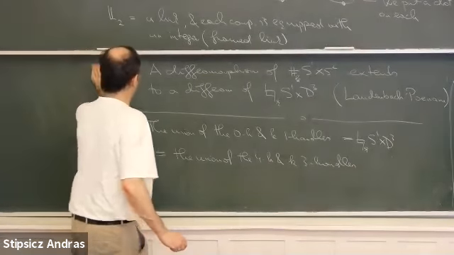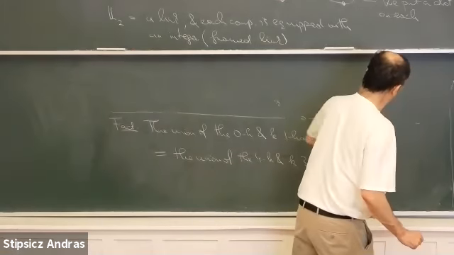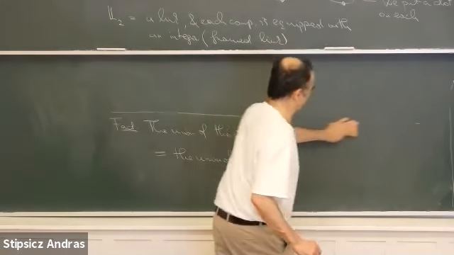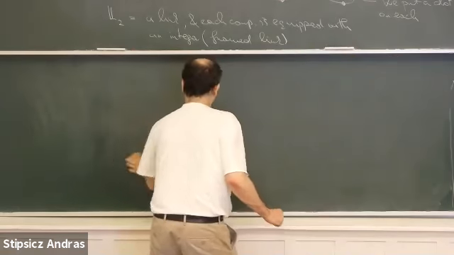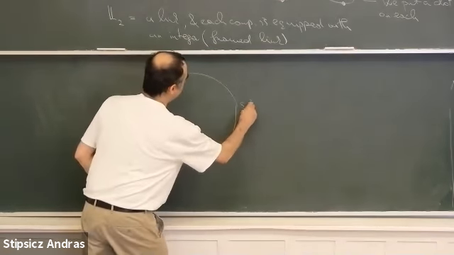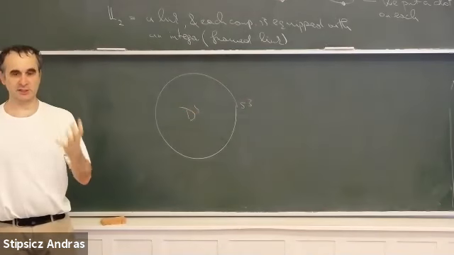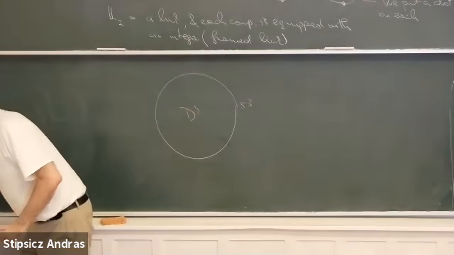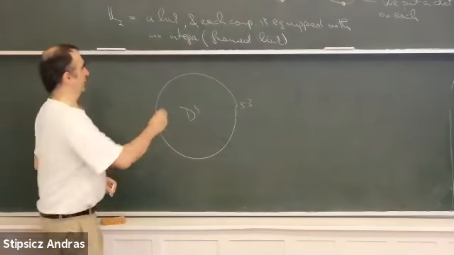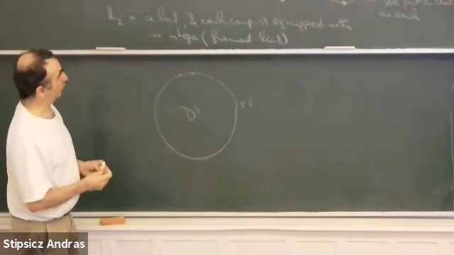So how does it determine X? Well, as I already referred to, this S3 is assumed to be the boundary of D4. This is our 0 handle. And then there are these unknots in L1.